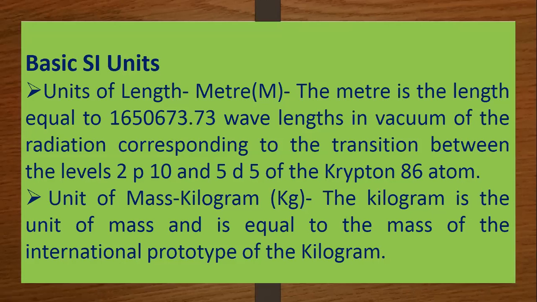Unit of length, meter. The meter is the length equal to 16,50,763.73 wavelengths in vacuum of the radiation corresponding to the transition between the levels 2p10 and 5d5 of the krypton-86 atom.